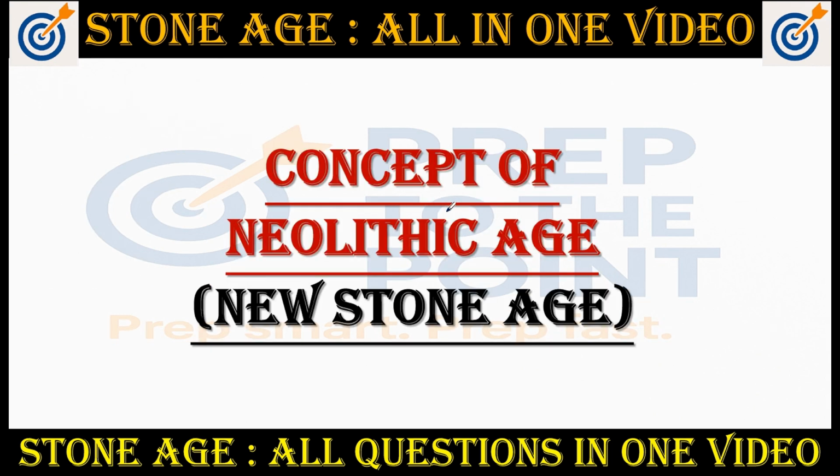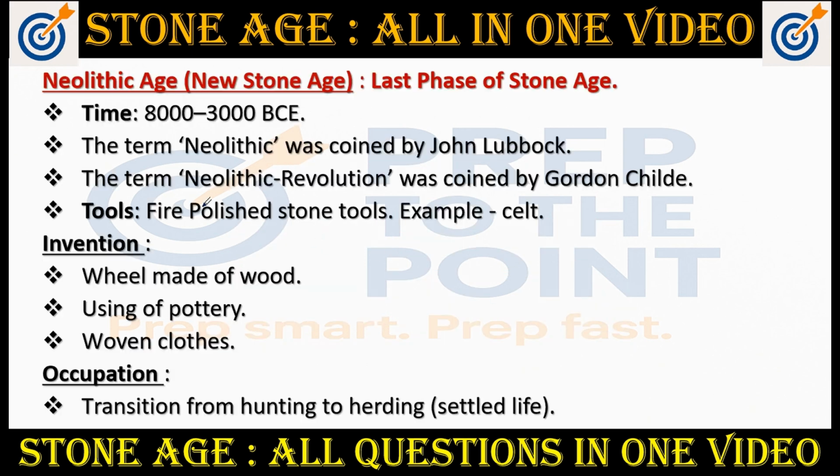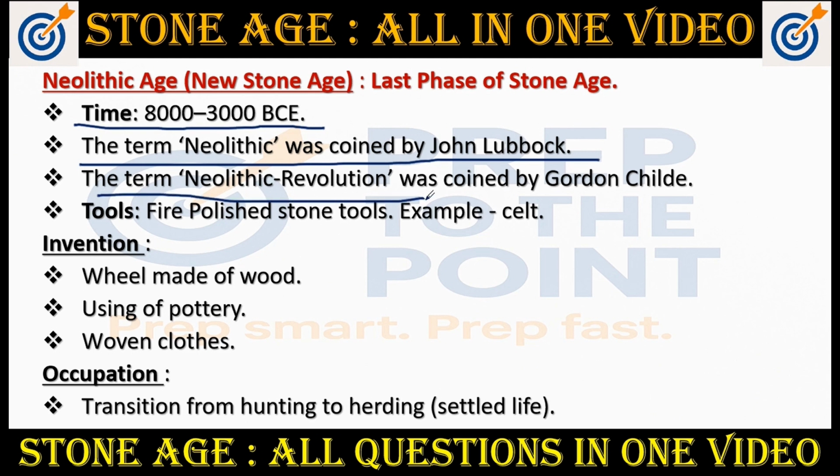Now, concept of Neolithic age. Neolithic also known as New Stone Age. The time period is 8000 to 3000 BCE. The term Neolithic was coined by John Lubbock and the term Neolithic Revolution was coined by Gordon Childe. Tools were fire polished stone tools.